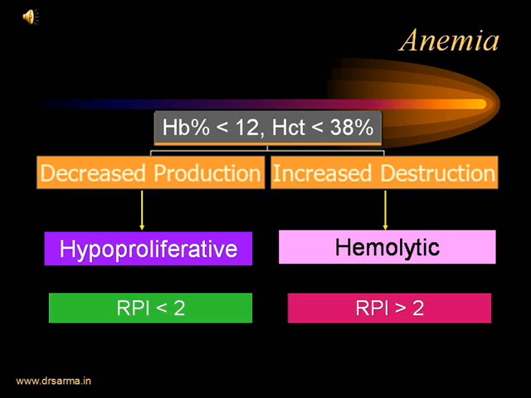But those with hemolytic anemia and hypoproliferative anemia can be distinguished only based on the RPI. RPI is again calculated based on the reticulocyte count percentage. So, in hypoproliferative anemia, the reticulocyte production index will be less than 2, whereas in hemolytic anemia, the reticulocyte production index will be more than 2.